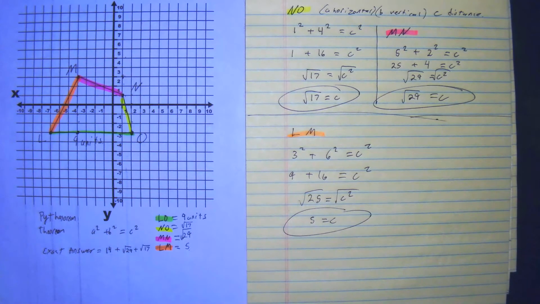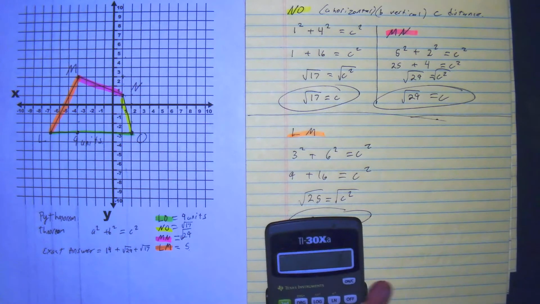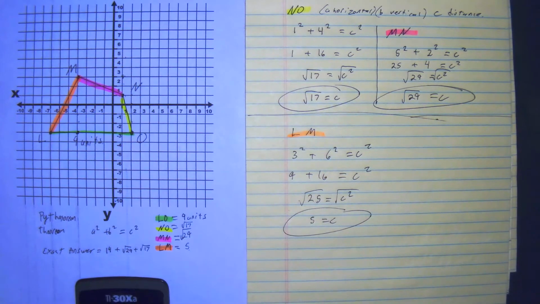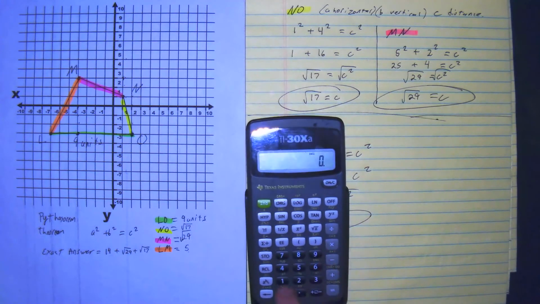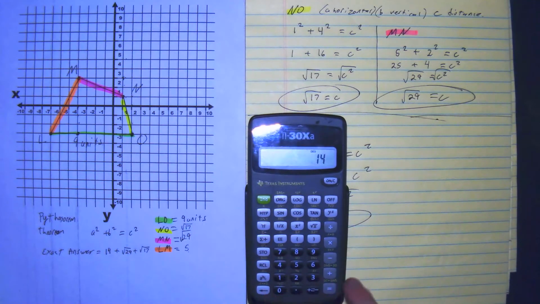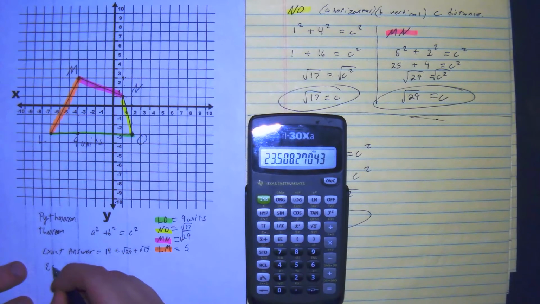But now, I want to get an estimate using decimals because my mind doesn't work so well with radicals. So the way you could do this now is you can use your calculator. So it'll be 14 plus square root of 29, plus square root of 17 equals, and we get the distance here as an estimate.